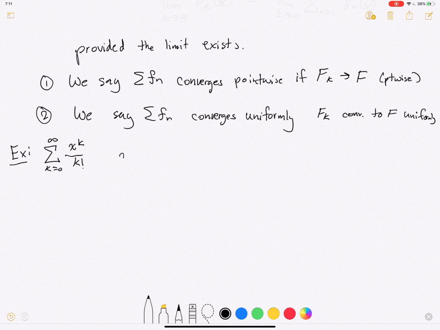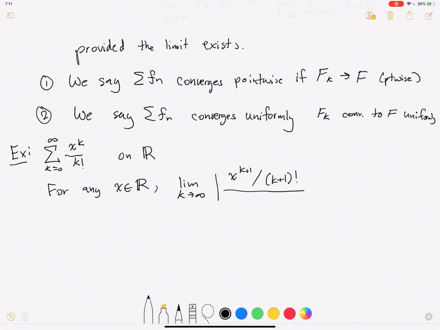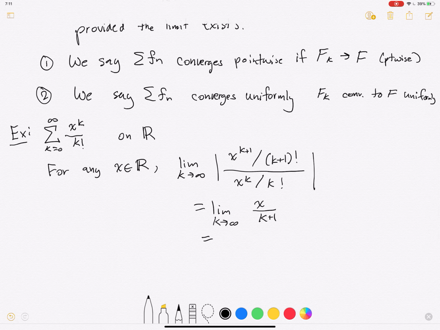It's defined on R. Then for any x in R, the limit as k goes to infinity of the ratio of x^(k+1) over (k+1) factorial to x^k over k factorial is, if you cancel everything out, the limit of x over k plus 1, which is equal to 0, less than 1.